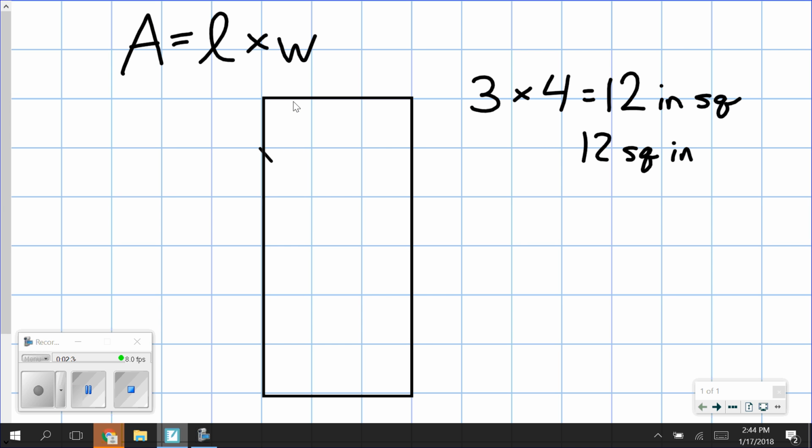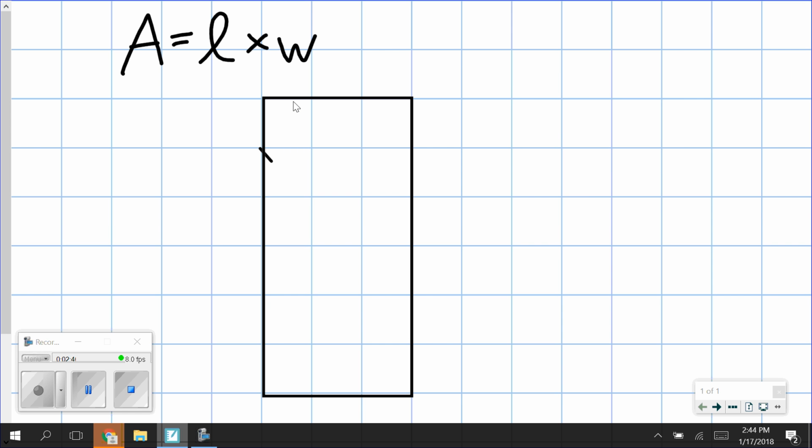Go ahead and pause the video. Take a second to figure out what the area of this shape is. And let's say that these are in inches again. One box in this rectangle here equals 1 inch squared, or 1 square inch.